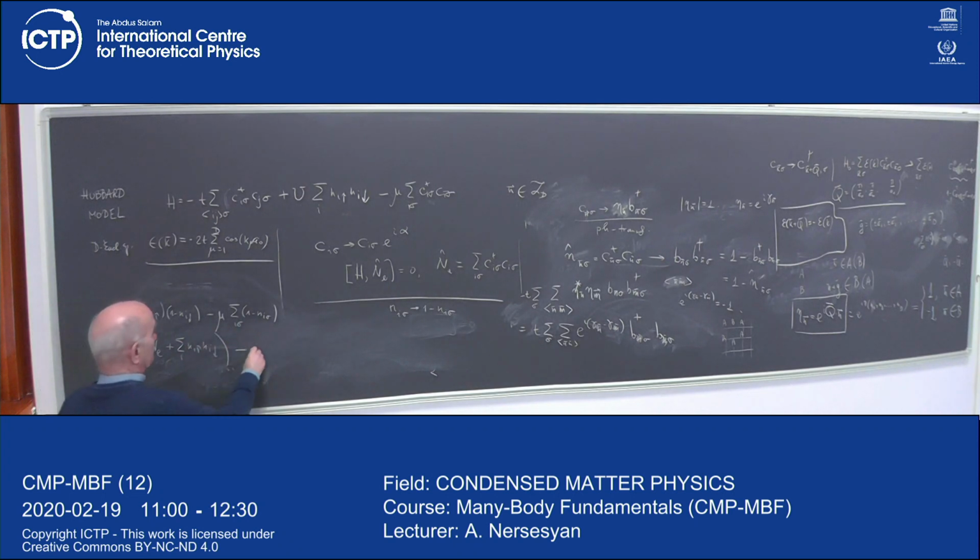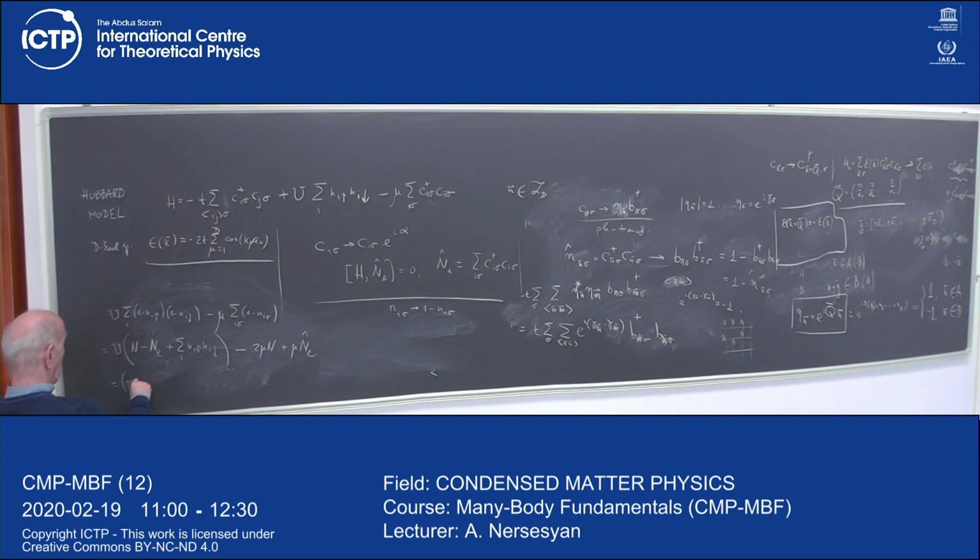Now this term gives us minus twice mu times the number of lattice sites, plus the chemical potential times the electron number operator. So let us collect the terms. We have U minus twice mu, times the total number of lattice sites.